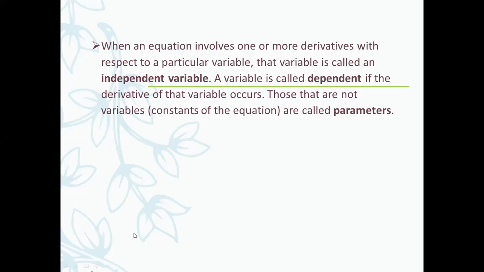What about if you see other letters or other symbols in your differential equation? We call those letters and symbols parameters. They are not to be considered variables because the variables are the only letters that you see in the derivative itself. So if a letter is not found in your derivative but appears in your differential equation, it could be a constant or what we call a parameter.